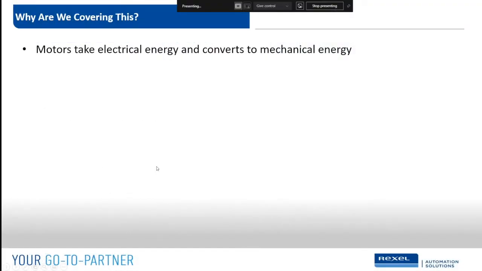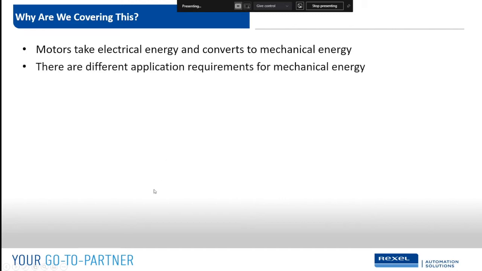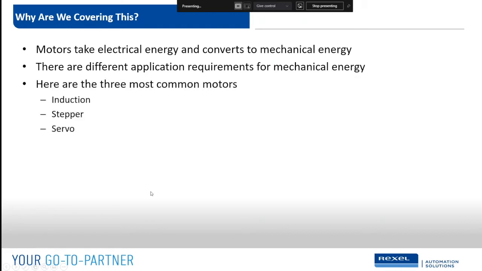doing this. So in a nutshell, motors take electrical energy and convert it to mechanical energy. There are different application requirements. Sometimes we just want a fan to spin. Maybe we want to add some positioning to that. Maybe we don't need as large of a motor for that application. And so there are different ways of going about that.